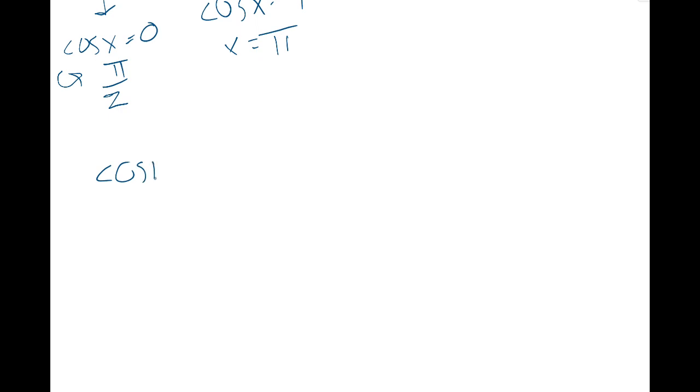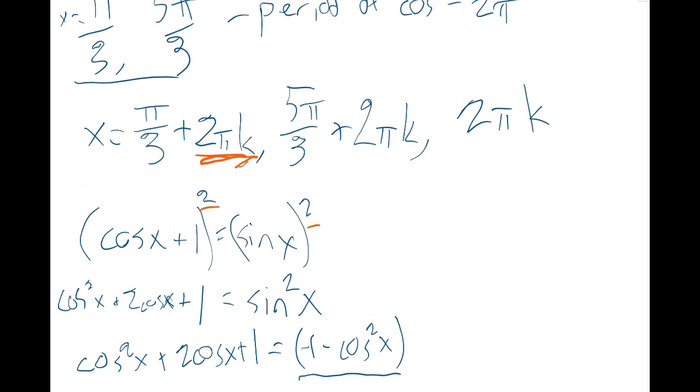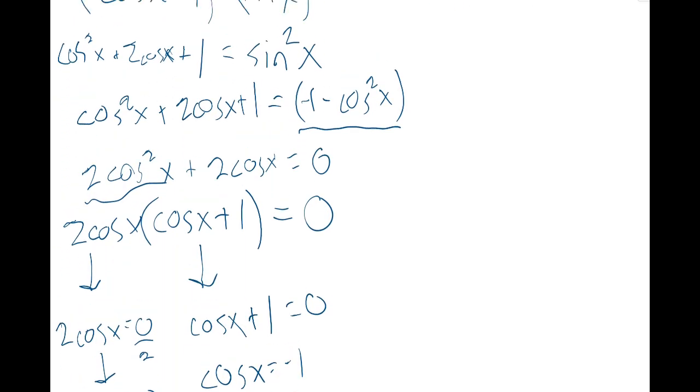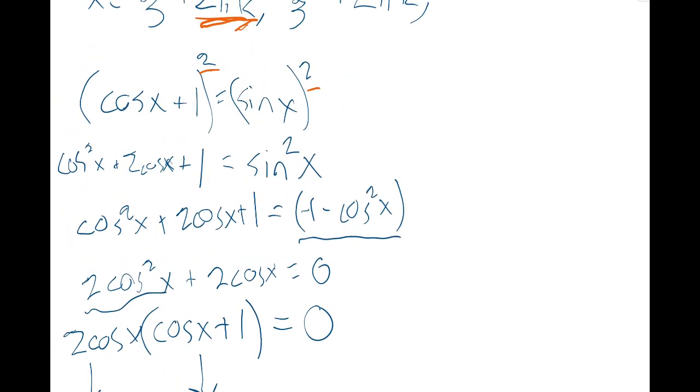Just because remember our original problem was this one right here: cosine x plus 1 equals sine x. So we say cosine pi plus 1 equals sine pi.